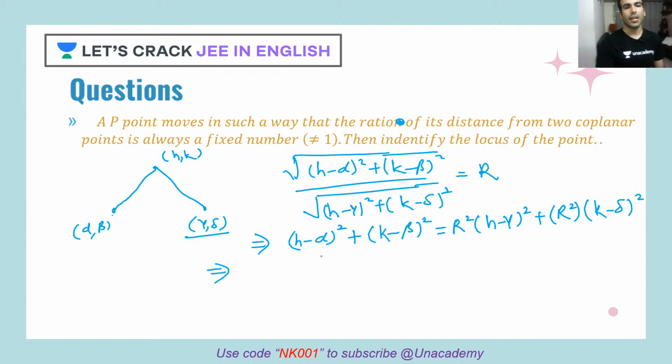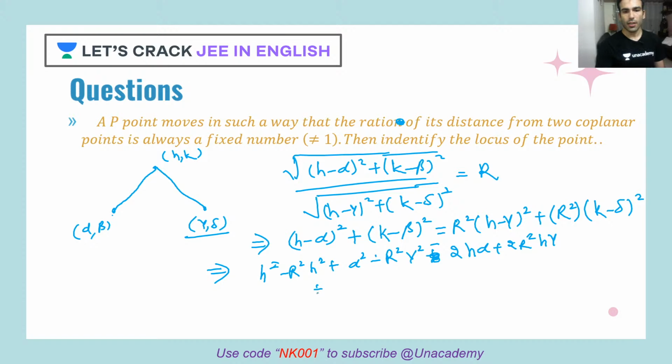We can expand, and I'll take a few terms here on the left hand side. So it will become h square, then from there I'll get minus R square h square, plus alpha square, and minus R square gamma square, minus twice h alpha, and from here I'll get plus twice R square h gamma.